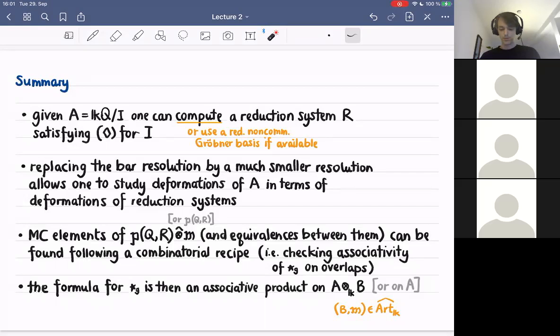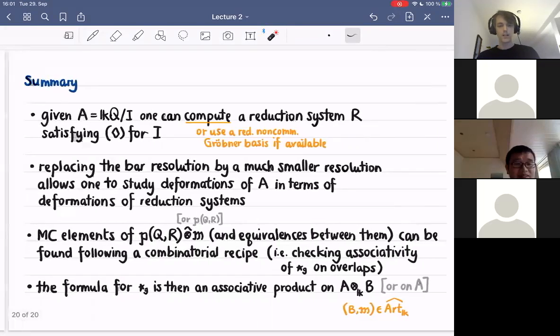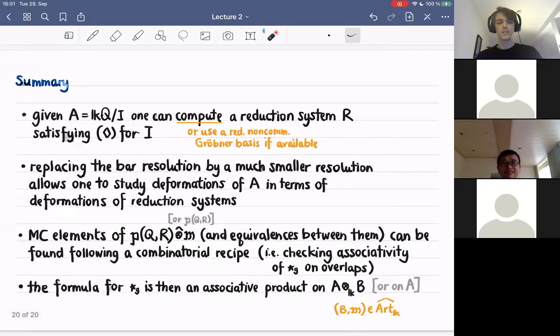Once you've checked that this is true, the very same formula gives an associative product on the formal deformation of the original algebra. And this is then the deformation. Okay, I will stop here. Thank you.